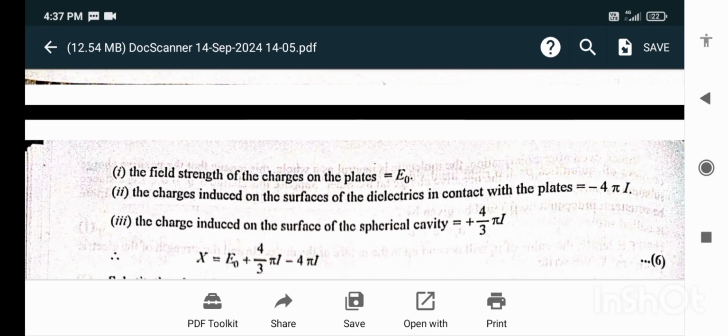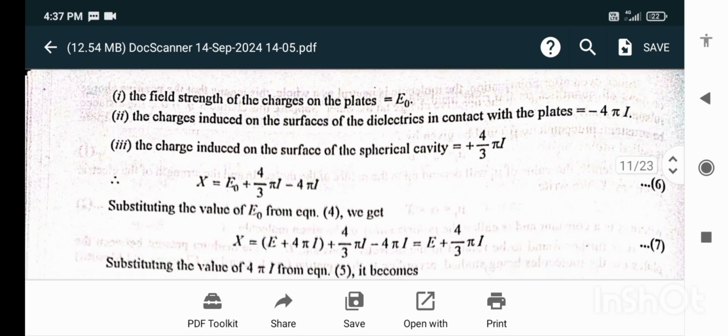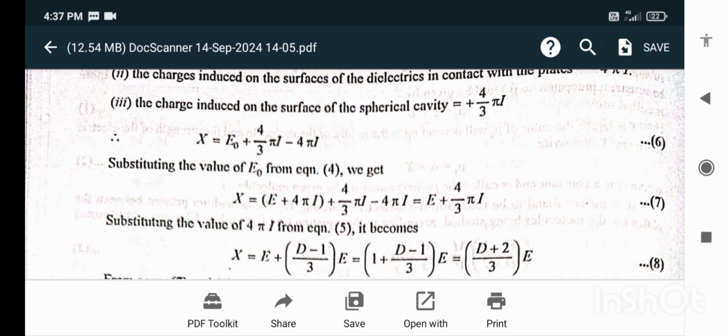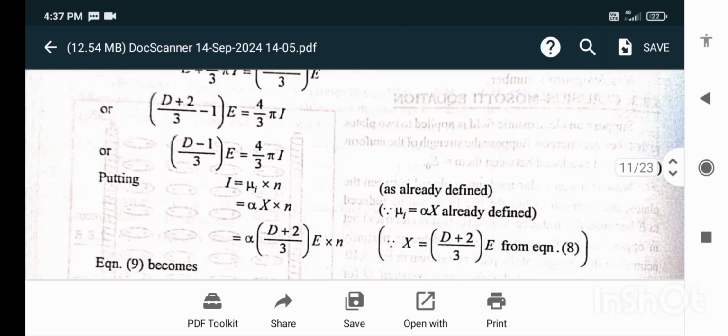First is the field strength of the charges on the plates, E naught. The charge induced on the surfaces of the dielectric in contact with the plates is equal to minus 4 pi I. The charge induced on the surface of the spherical cavity is plus 4 by 3 pi I.